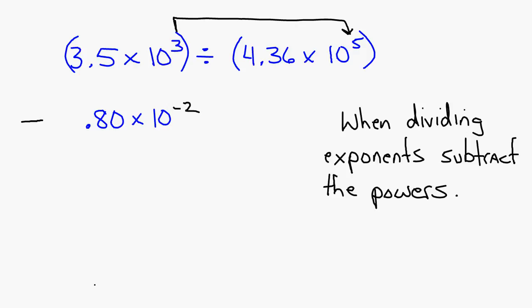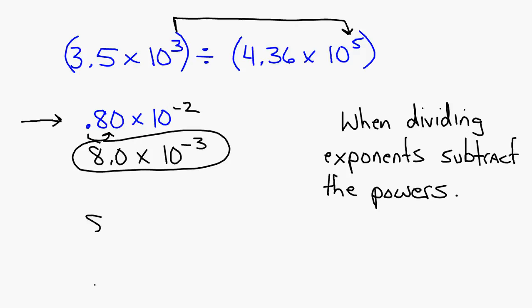Now, this number has to be put in scientific notation. So the decimal has to go 1 to the right. So this becomes 8.0 times 10. If you make this first number bigger, you got to make your power smaller. So this becomes negative 3. So that's it in scientific notation. The next step is to write it in standard notation. So this would be scientific right here.